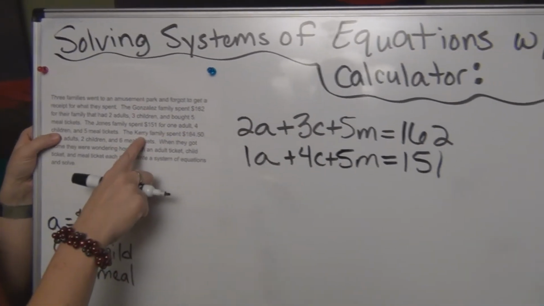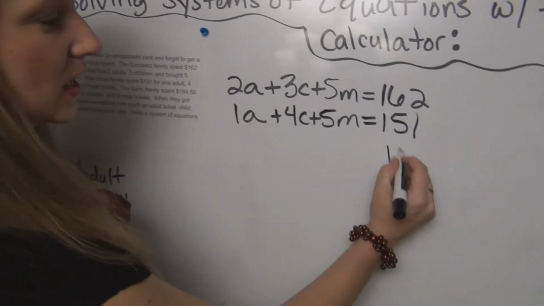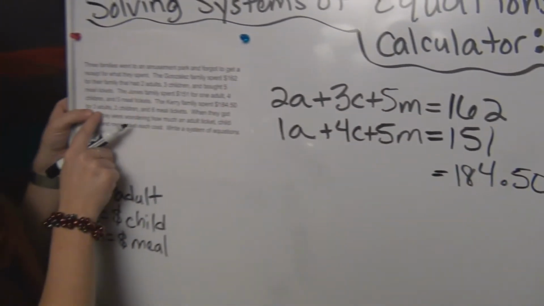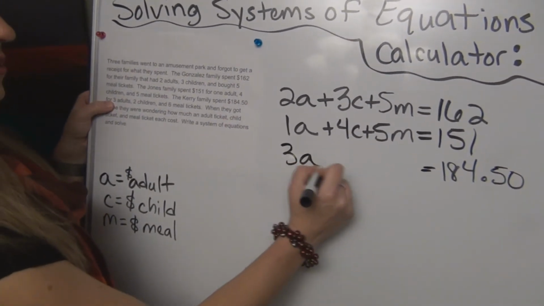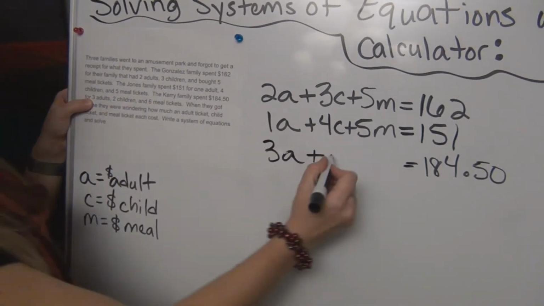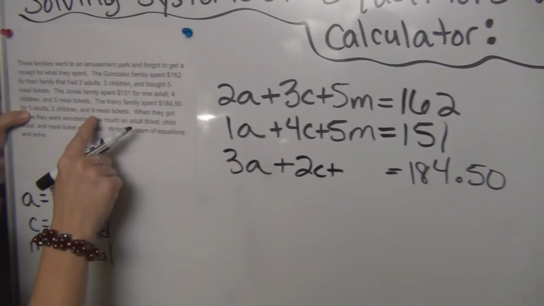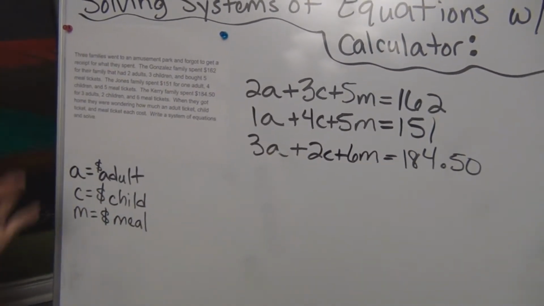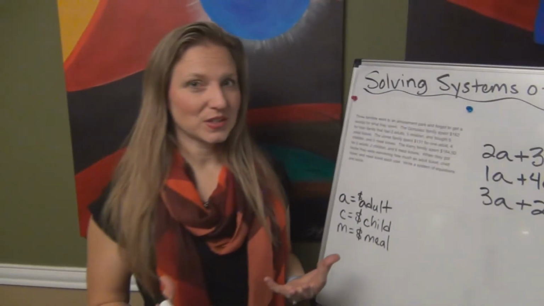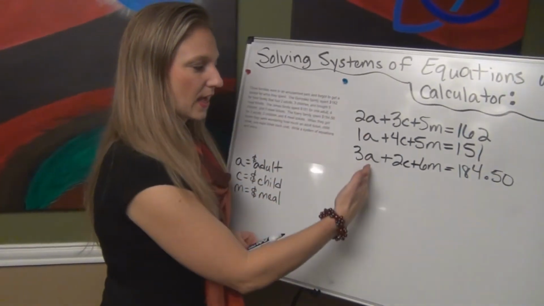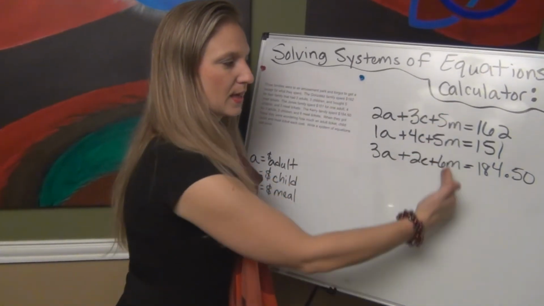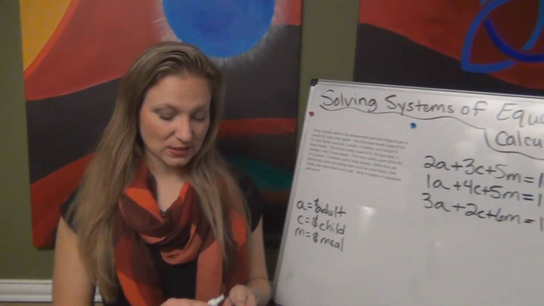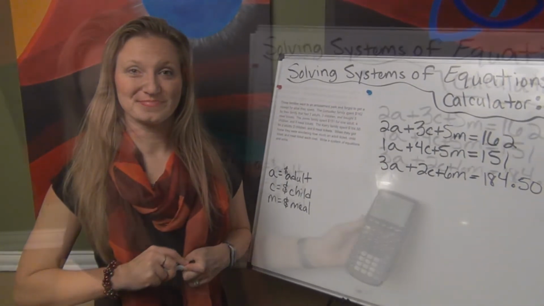The last one is the Carey family. They spent $184.50 for 3 adults, 2 children, and 6 meal tickets. So you can see this one is really nicely set up because all my A's, C's, M's, and constants are already lined up, ready to put in the calculator. So let's put it into our calculator now.